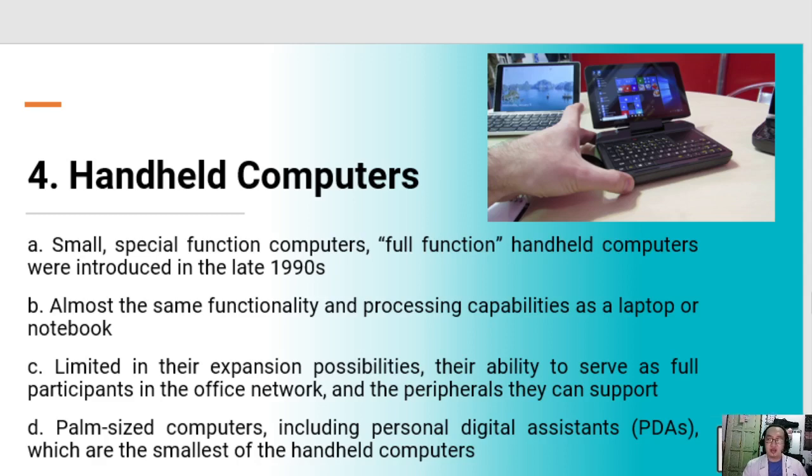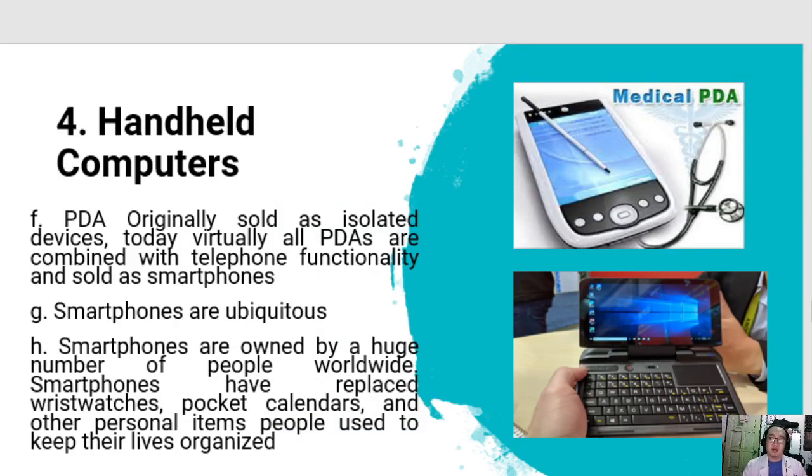It has special functions, and this provides functions like calendar, contacts, note-taking functions, and word processing. Spreadsheets are also present. So though it's small, it has many functionalities, and it's also, of course, portable.